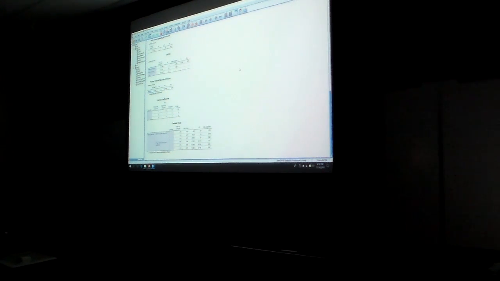And where do we get that? That's going to be the DF error. My critical value here is going to be 2.086. This clearly does not exceed that, right? So we know that we're not going to claim statistical significance.